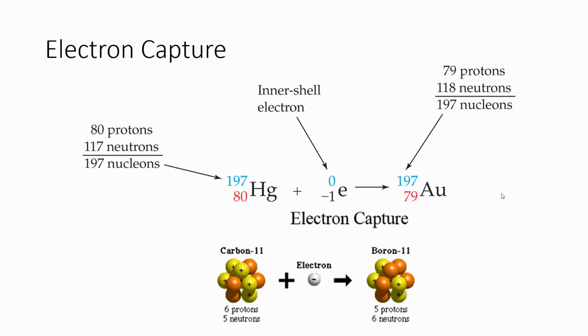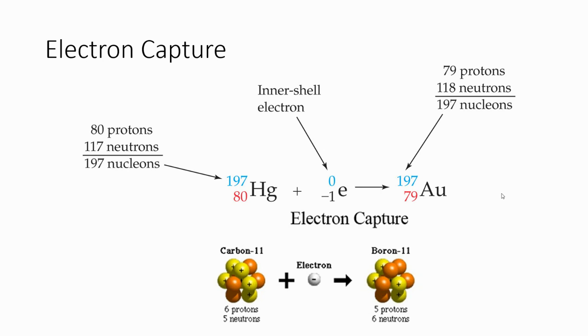Sometimes a proton can essentially capture that electron. And when that happens, think about what you're doing. You're essentially neutralizing that proton and electron. And so what we would say is a proton is becoming a neutron by capturing an electron.